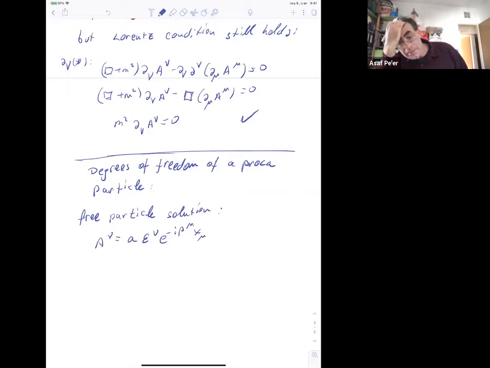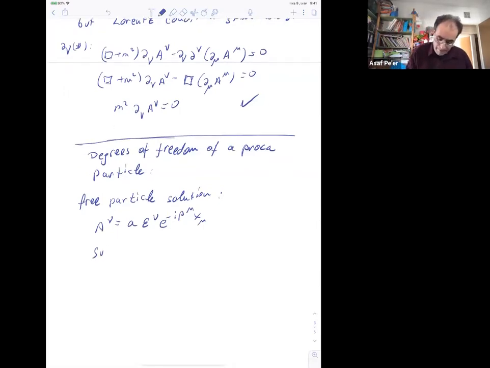Of course, this is now subject to the condition that the particle is massive, so p squared has to be equal to m squared.